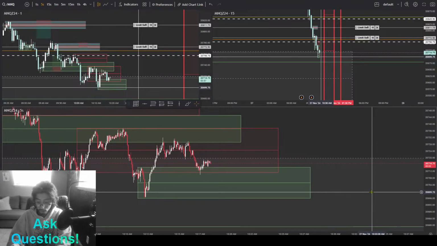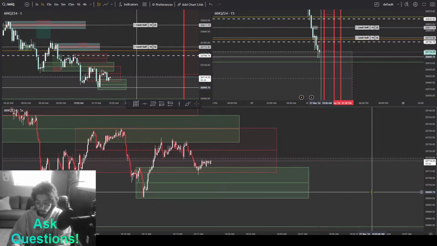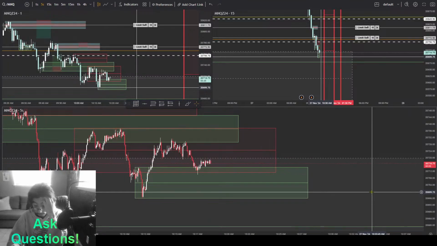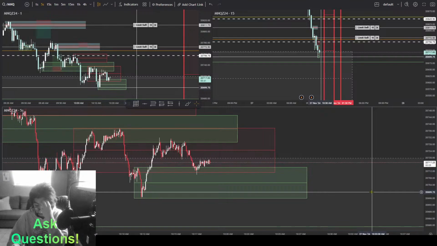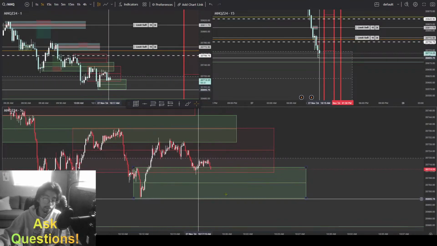Okay, well, let's see. I want a break of structure, and if we don't get it, I'm not gonna take the zone, but I really want to.